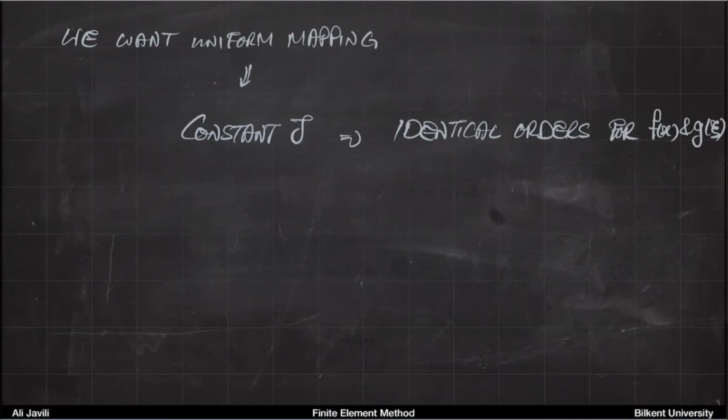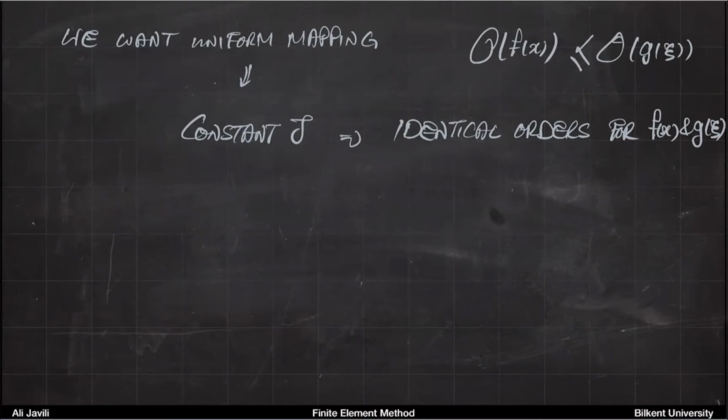Remember, G is always F times something, right? So this is the best thing. You can imagine the order of G is always larger than or equal to the order of F of X. So the best thing you can do is to just make them equal order. If you could reduce the order, that would be even better, but you cannot, obviously.